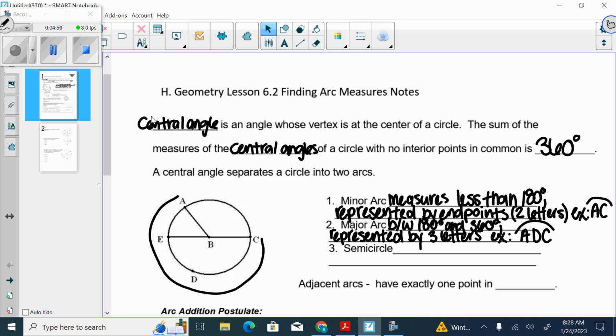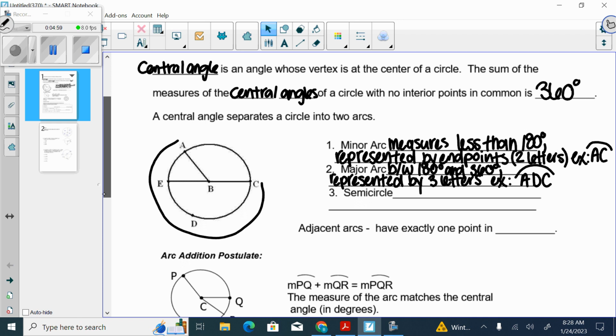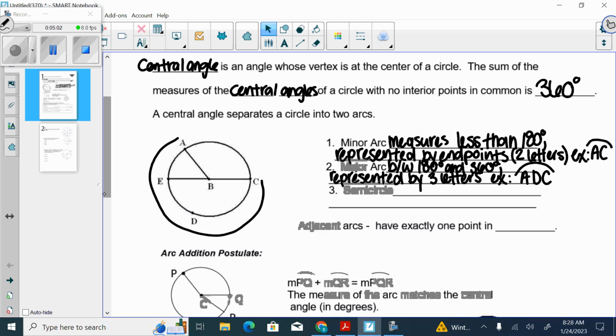All right. And then our last type of arc is our semicircle. A semicircle is going to measure exactly 180 degrees. It is also represented with 3 letters or 3 points.